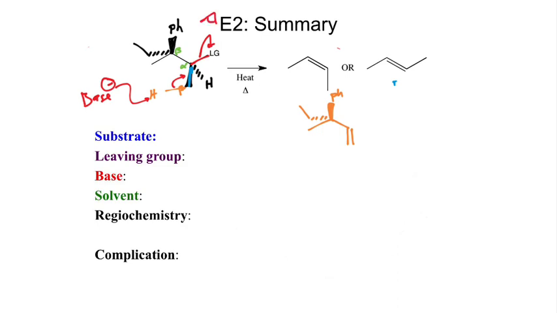So our eyeball is kind of back here, looking at this. I'll put the leaving group straight up. And we'll address why I'm not worrying about stereochemistry there in a second.